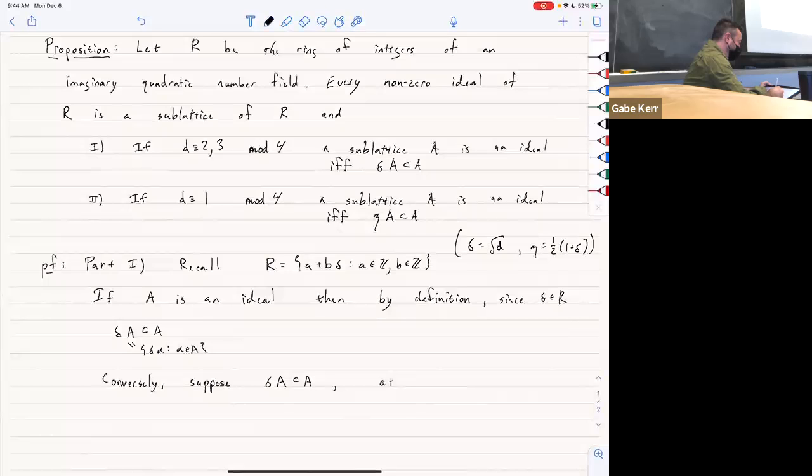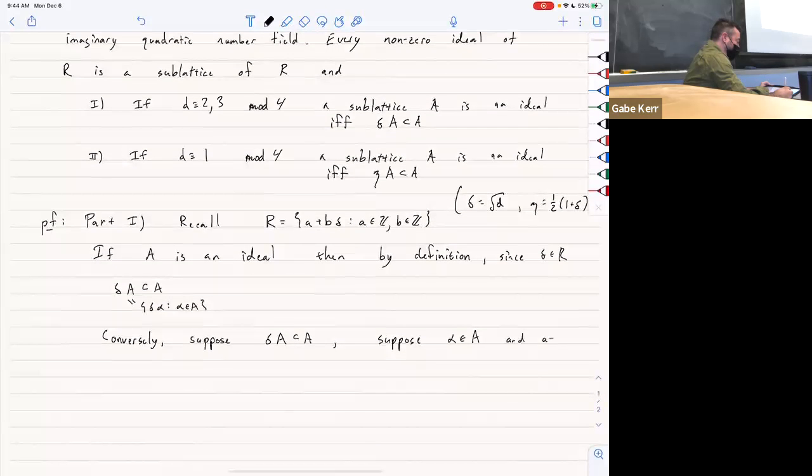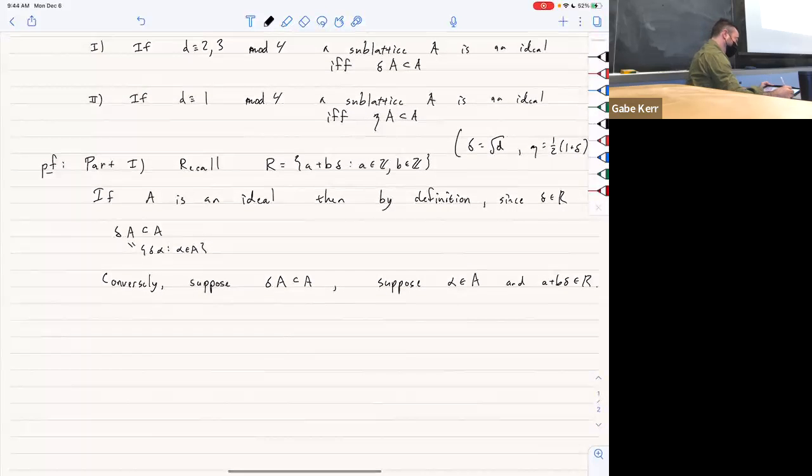Suppose that alpha is an element of capital A, and we'll take any a plus b delta. Well then, what do we say about a times alpha, and maybe b times alpha, capital and baby b? What do we say about these?